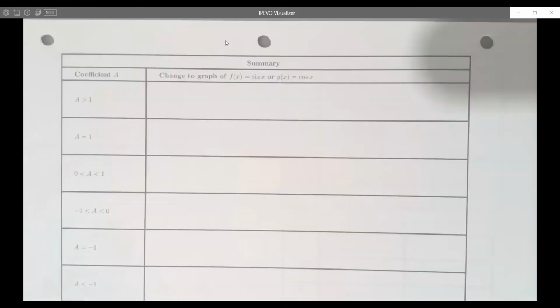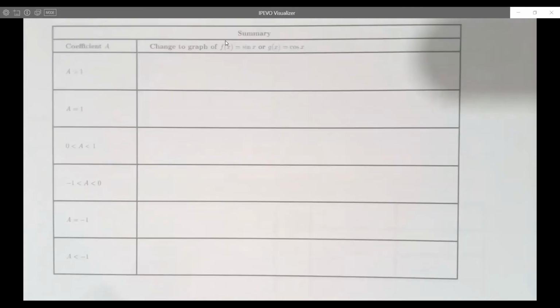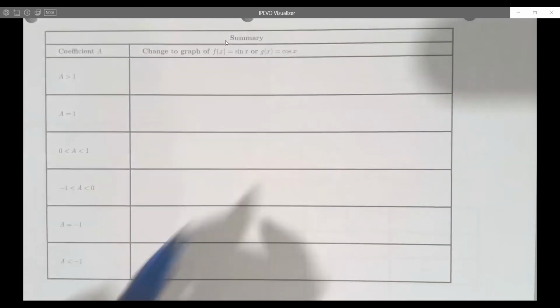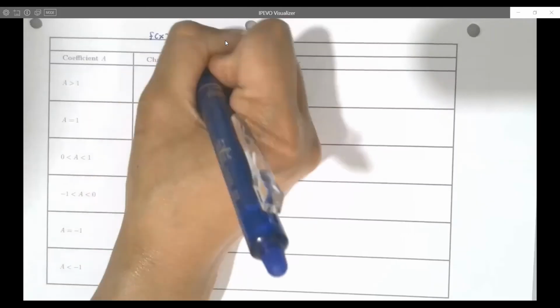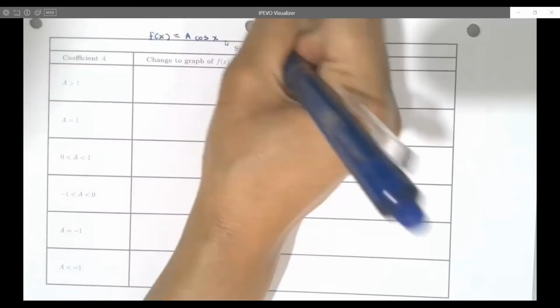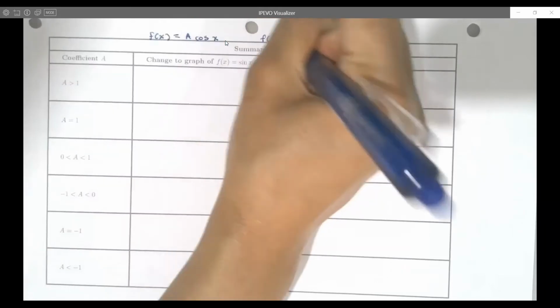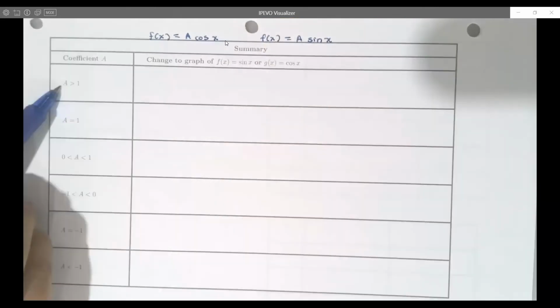Okay, so let's try to summarize what's going to happen. If we have f of x is equal to a number, let's call it a for any number, times cosine of x, or any number times sine of x, what's going to happen if that number is greater than 1? What change do we see?